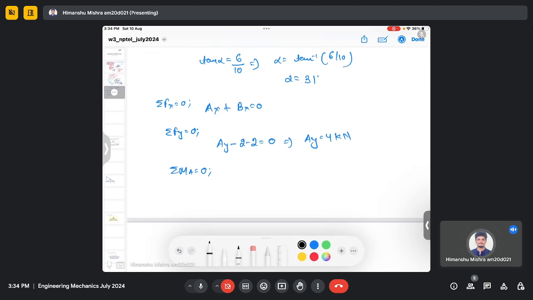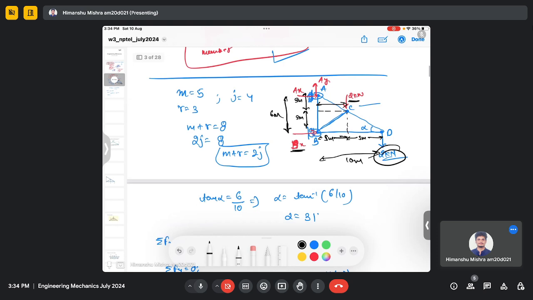I am considering clockwise moment as positive and counterclockwise moment as negative. BX will rotate in a counterclockwise direction about point A, so it is negative. This 2 kilonewton will rotate in a clockwise direction, and this 2 kilonewton also rotates in a clockwise direction about point A.